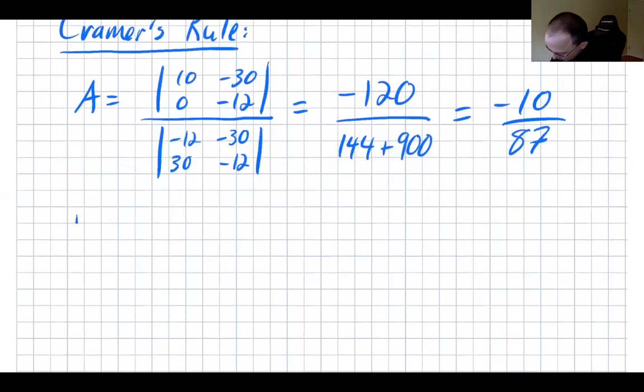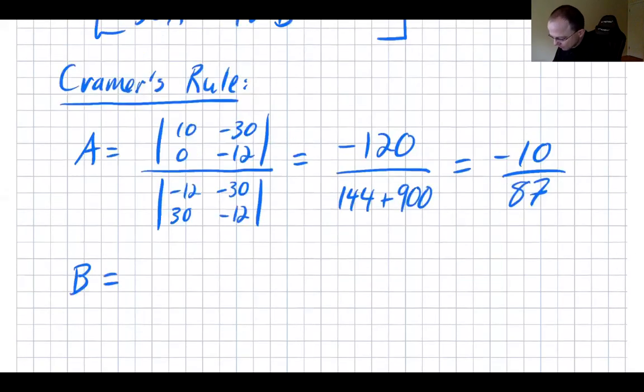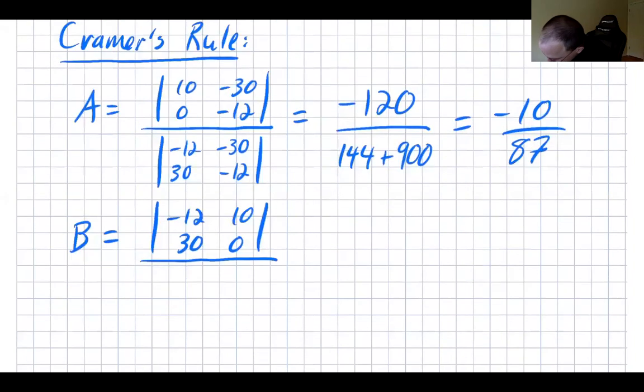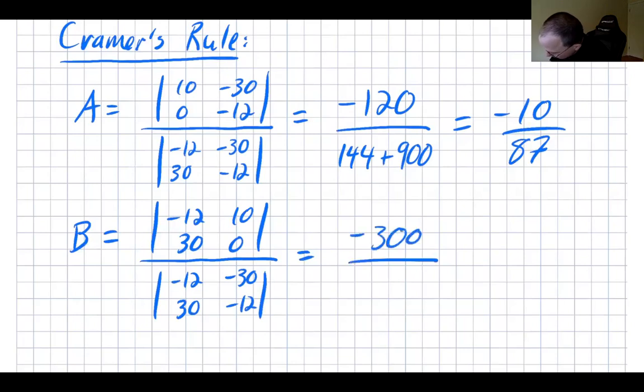Okay, and then B is equal to the determinant of negative 12, 30, 10, 0. So this time we get negative 300 over, and then we know already this is 1044.